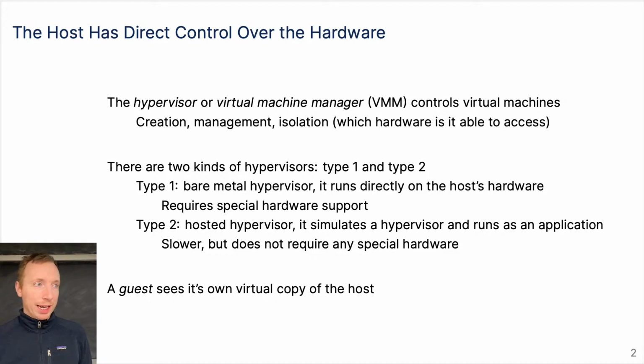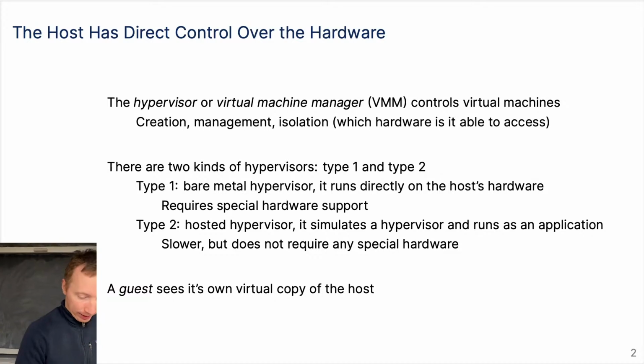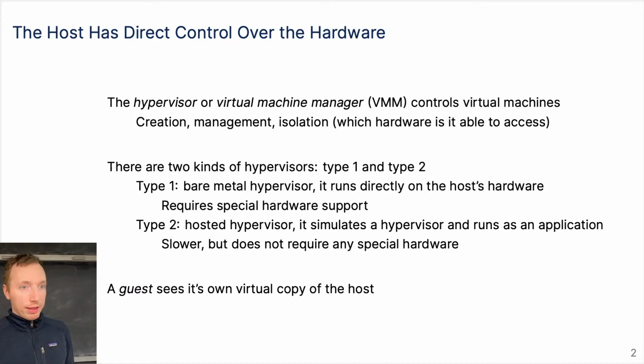So you are running a kernel in user mode, and there are some tricks you need to do to accomplish that. Typically, type 2 hypervisors are going to be slower, but they don't require any special hardware. It's just running as a process, and we do some tricks so it can run as a normal process, even though we know the kernel actually runs in kernel mode.